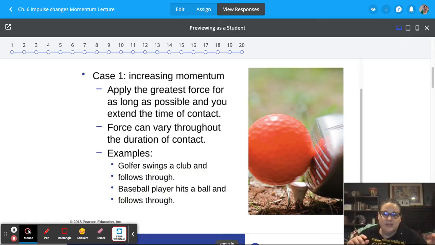Bunting in baseball is when you hit the ball as little as possible. You don't swing the bat, you hold it and let the ball just bounce off. That gives the minimum amount of change in momentum. Versus a follow through, where, assuming you hit it very hard and follow through, you get a large change in momentum to try to hit the baseball very far into the field.